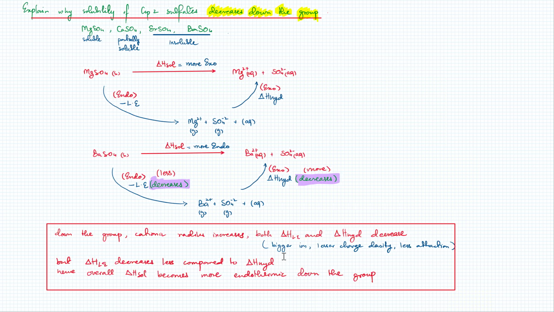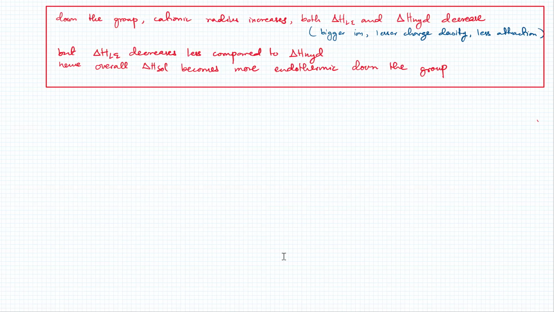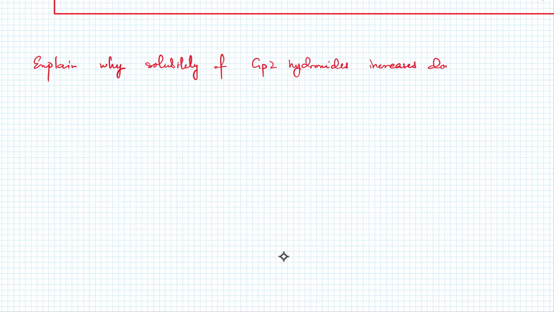So moving on, there's another one, which is: explain why the solubility of group 2 hydroxides increases down the group. That's going to be a very similar answer. So explain why the solubility of group 2 hydroxides increases down the group.